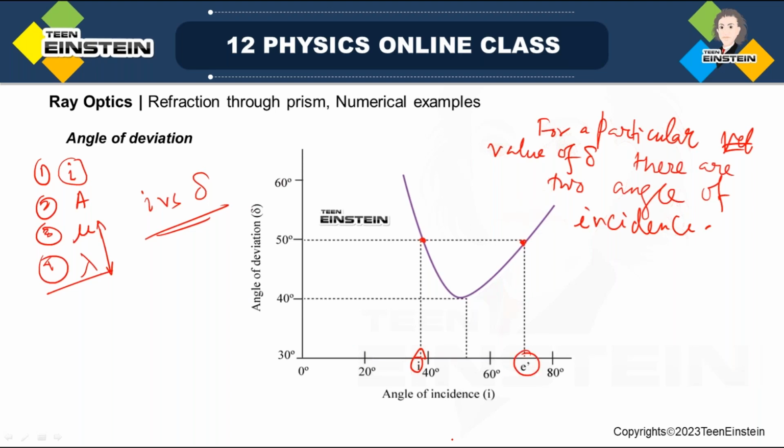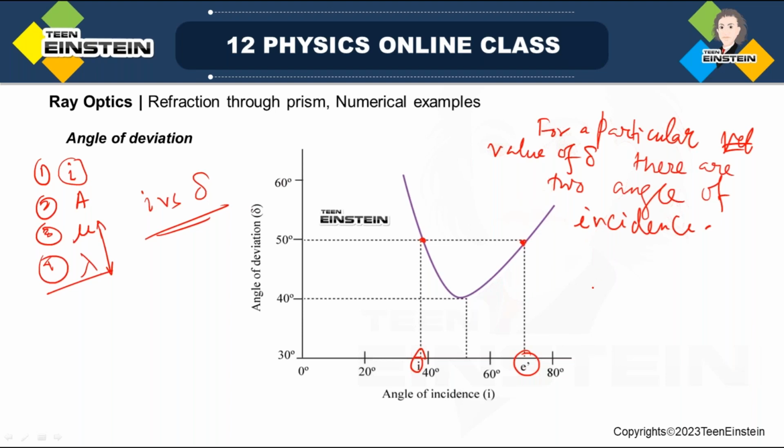Or in other words, angle of incidence and angle of emergence are different. They have different values for a particular delta. For a particular delta value, there are two different values of E and I.